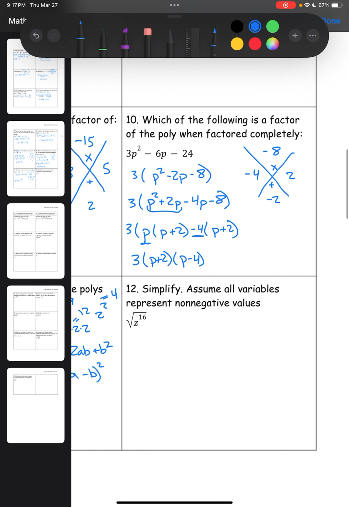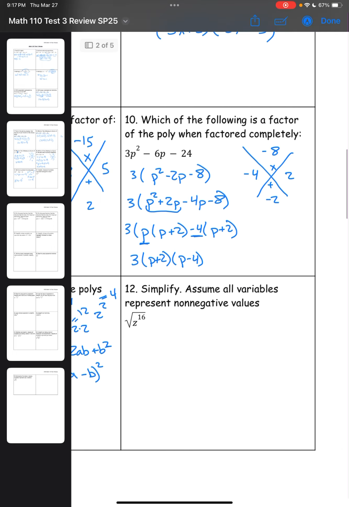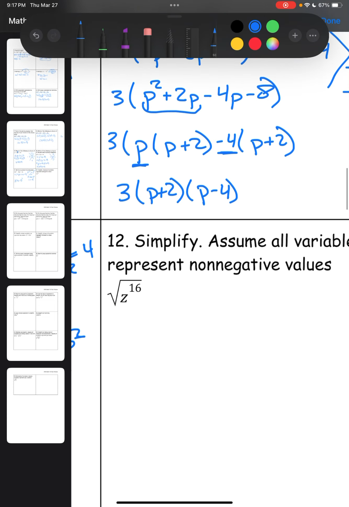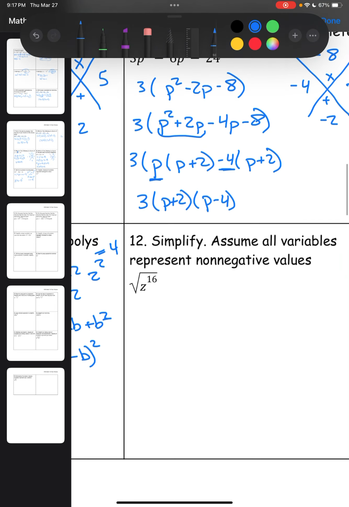So number 12, simplify. This is wanting us to use non-negative values, and there's no negative here. So basically they were wanting you to see the square root of z to the 16th.